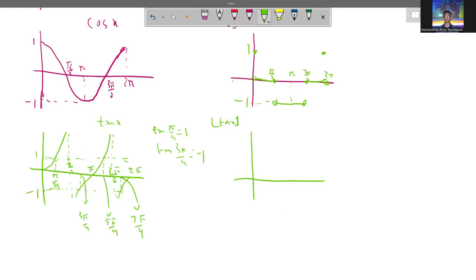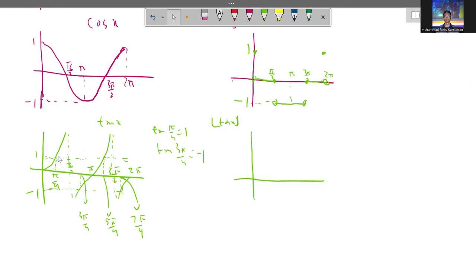Basically, why do we pick 1 as our point of interest? Well, between x equals 0 and pi over 4, the value of tangent of x is between 0 and 1. But after pi over 4 and up to pi over 2, the value of tangent of x goes from 1 to infinity.